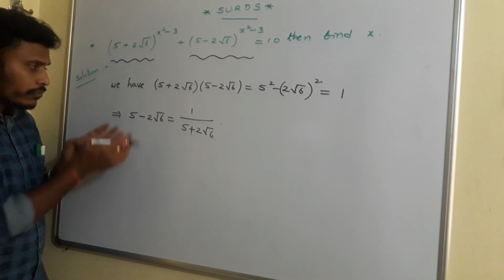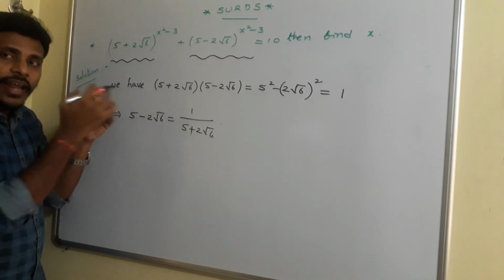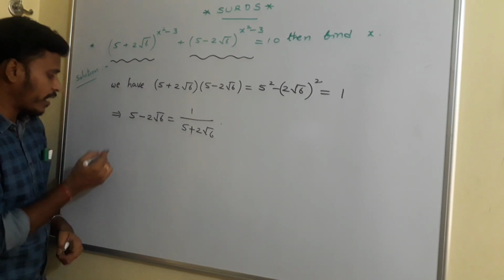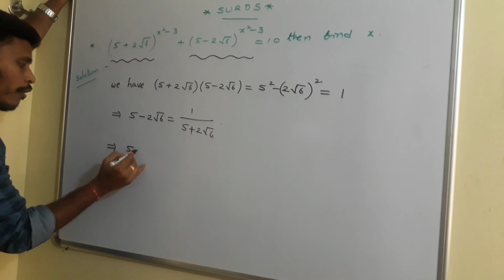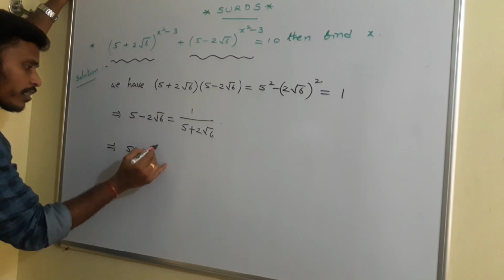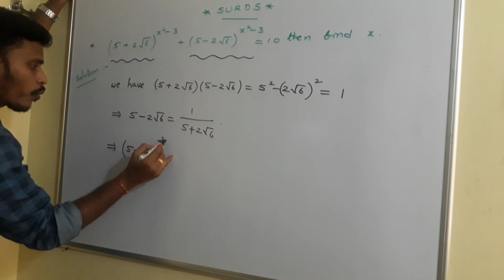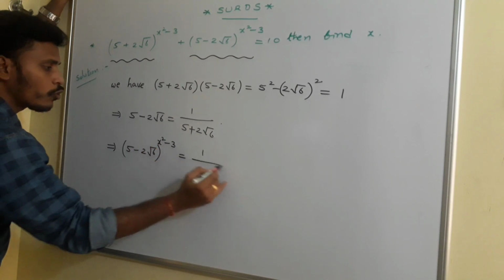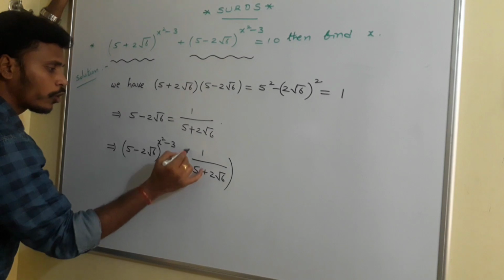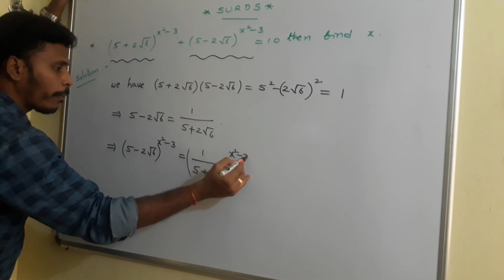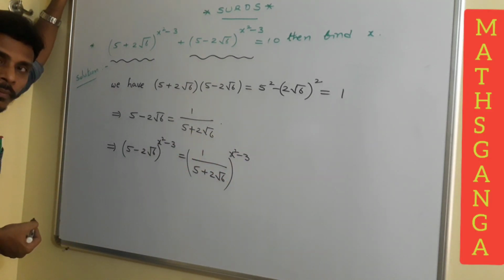Now think about it. I am just taking the power x² − 3 on both sides here. Now how it becomes? If you observe, this implies (5 − 2√6)^(x² − 3) = (1/(5 + 2√6))^(x² − 3). Is it okay?